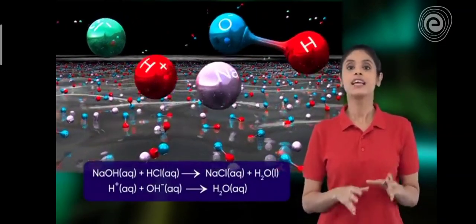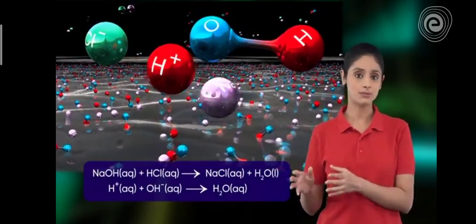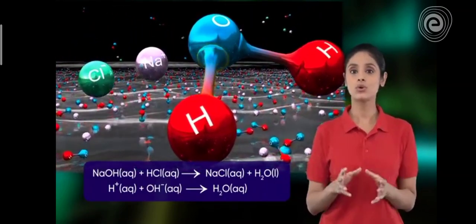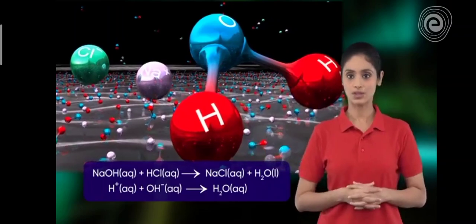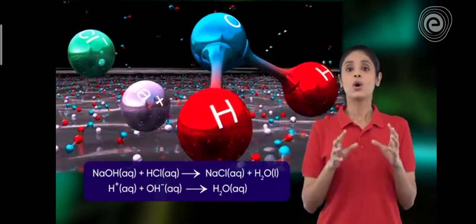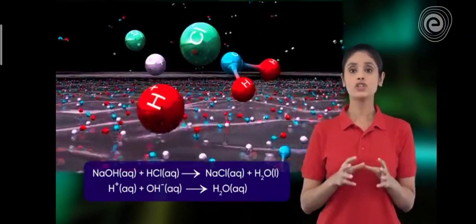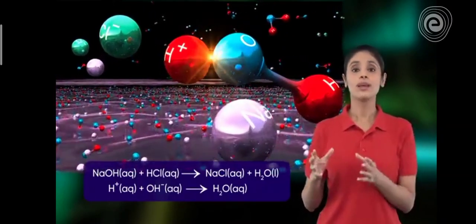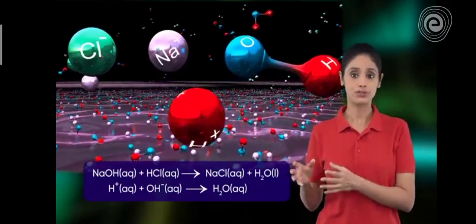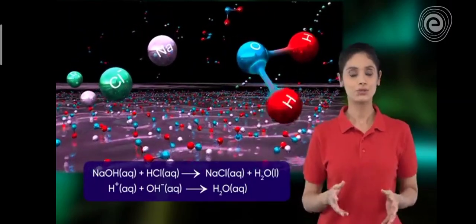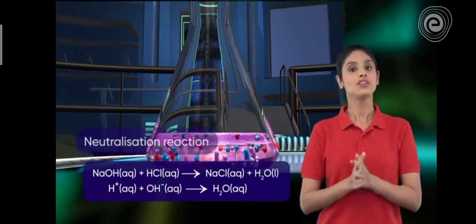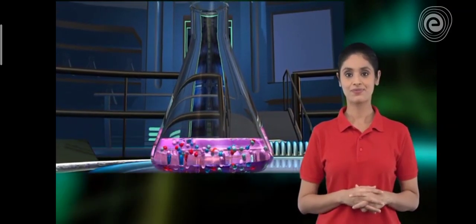During this reaction, the acid and the base molecules react to form a salt such as sodium chloride along with water. On an ionic level, H+ ions from the acid react with OH- ions of the base to form molecules of water. This reaction is called neutralization.